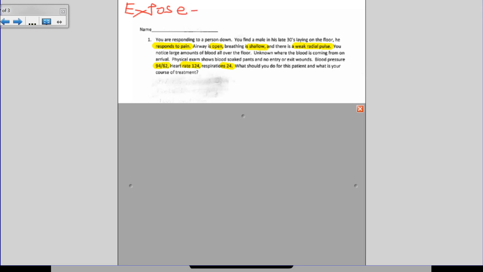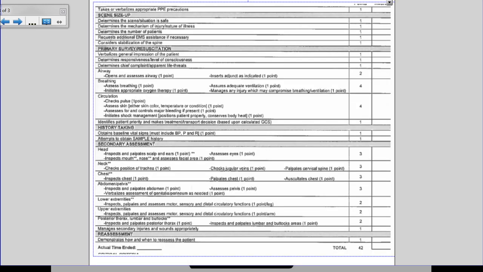Expose, and stop the bleed. That's our first order of business, because we're going right per the check sheet. So what's our next item here? The bleeding would be a life threat if it's uncontrolled, so we're going to assume it is, and we've taken care of that. The next order of business will be the airway.